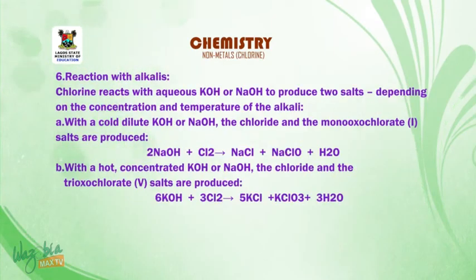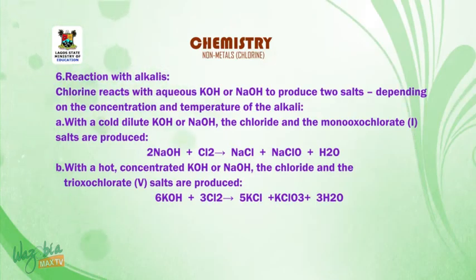Number 6 reaction of chlorine is reaction with alkalis. Chlorine reacts with aqueous potassium hydroxide or sodium hydroxide to produce 2 salts, depending on the concentration and temperature of the alkali.